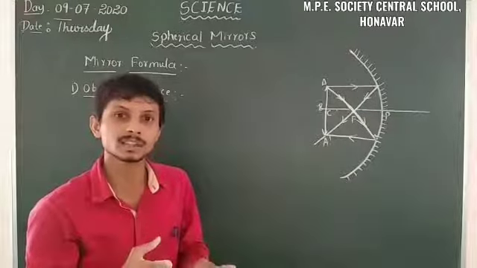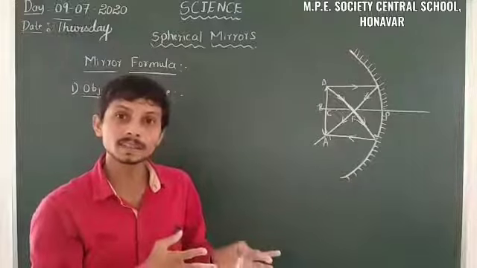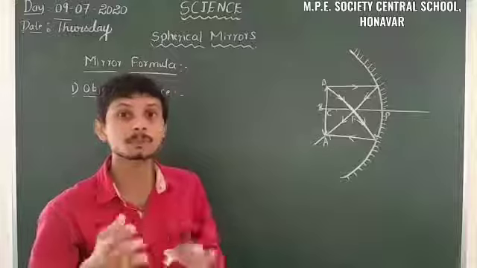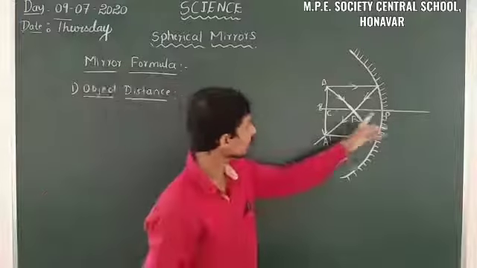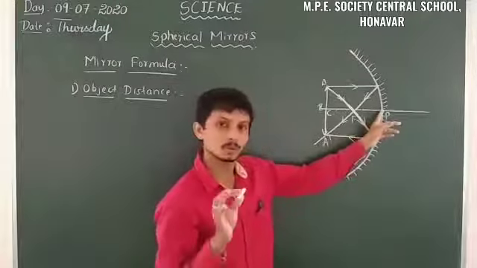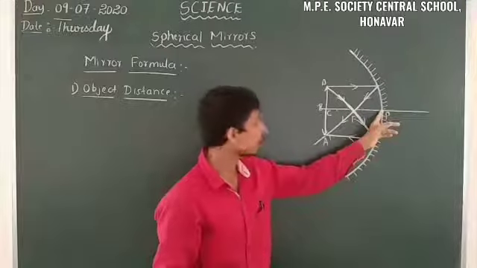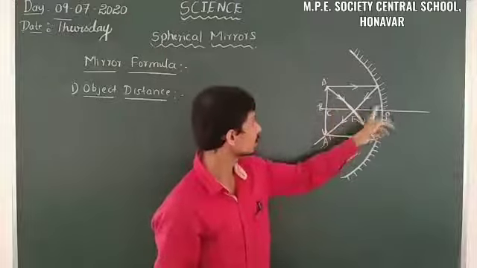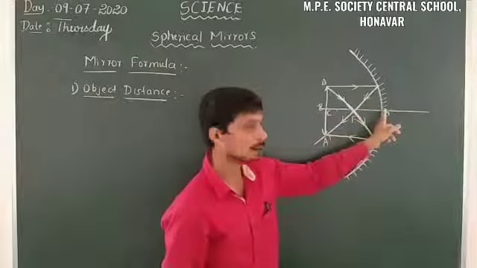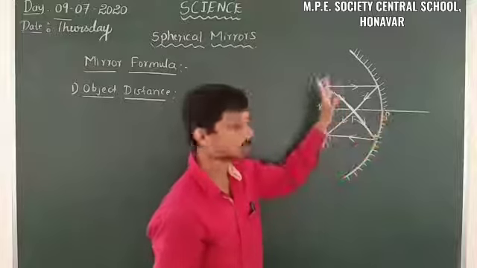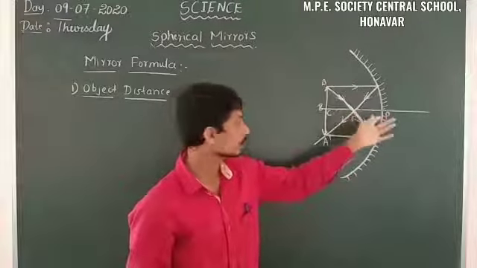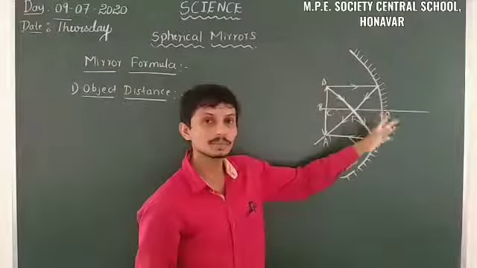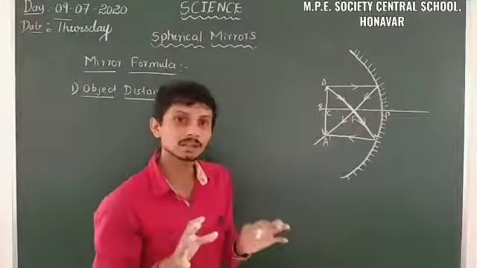We have to measure how far the object is placed from the pole of the mirror. That means the distance between the pole and the object, up to this distance, is the object distance.